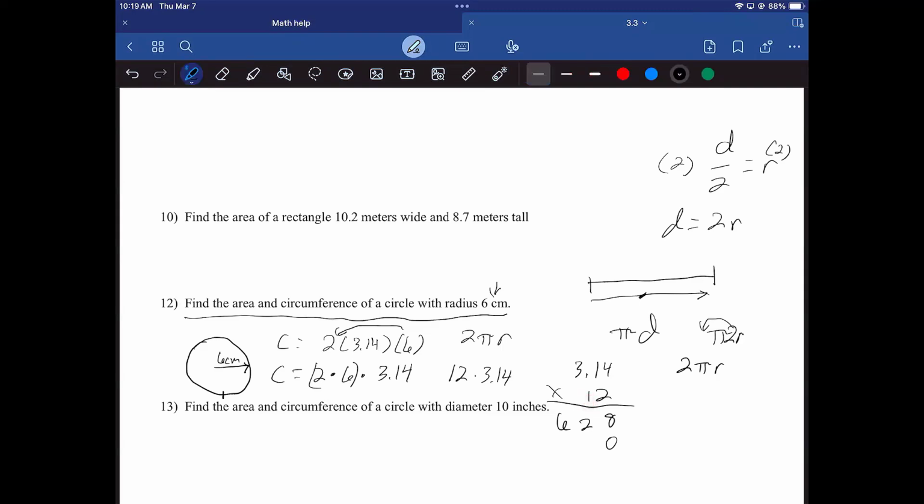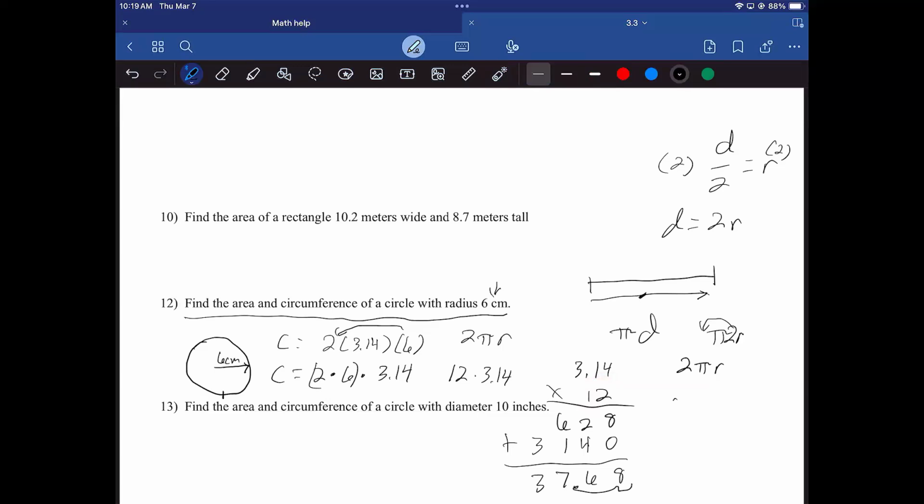All right, so 1 times 4 is 4. 1 times 1 is 1, and 1 times 3 is 3. Add those together, and I get 8. 2 plus 4 is 6. 6 plus 1 is 7, and 3. Now I have 2 places behind the decimal. So now I'm going to take this to 2 places.